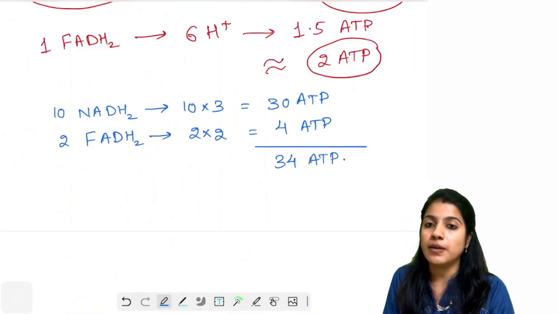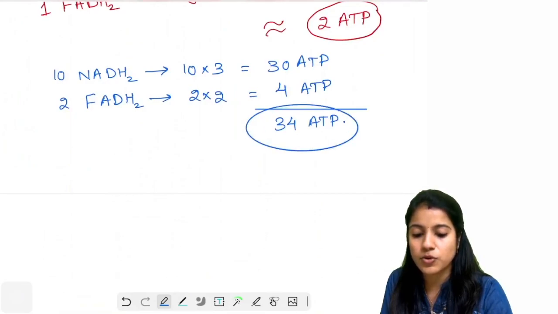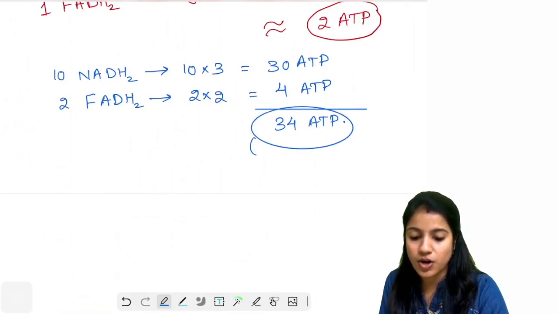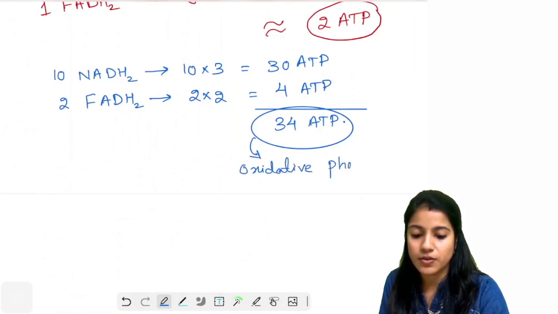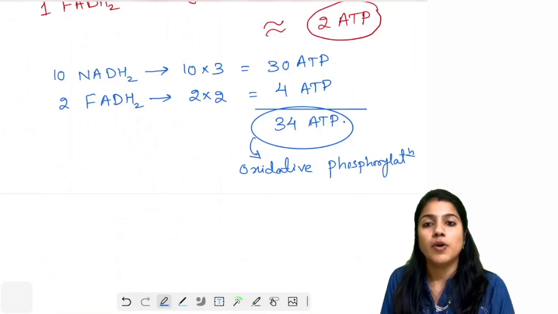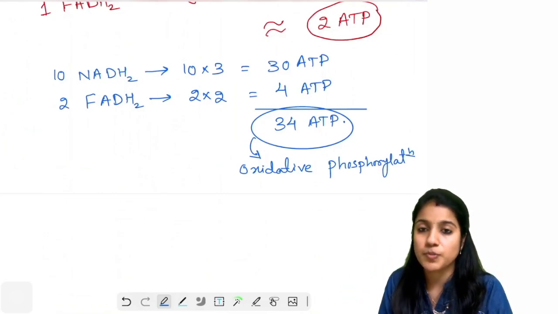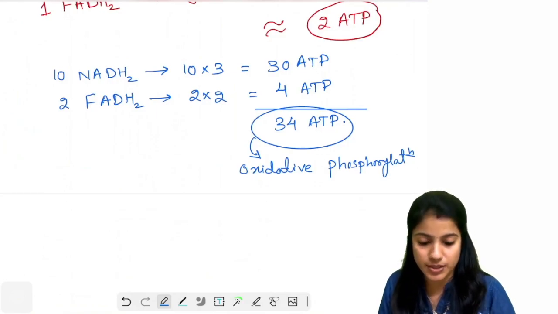Out of 38 molecules of ATP, 34 I'm getting through ETS. So this is oxidative phosphorylation. Because of the oxidation process, I got molecules of ATP. So a large amount of ATP is being produced because of the oxidative phosphorylation process.